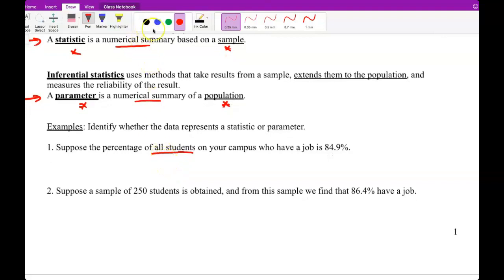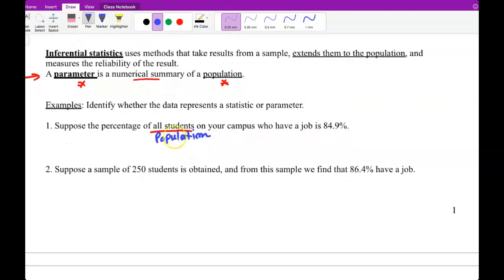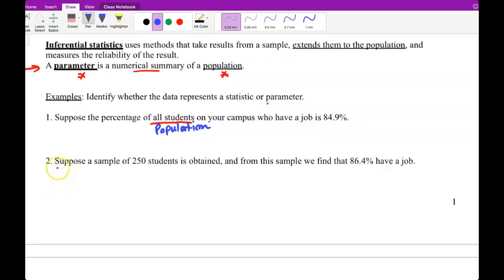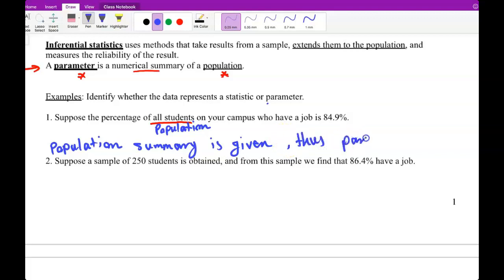So this means here we have a population, and since we have a population, we use parameter. So a population summary is given. Therefore, this one is a parameter.